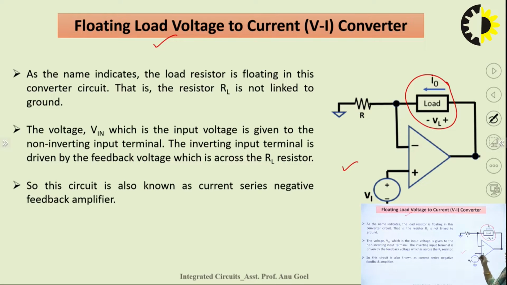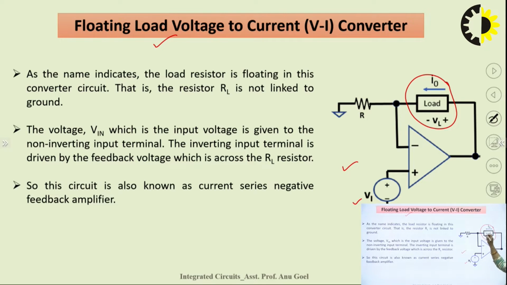We can realize this floating load V2I converter in many ways. This is one of them. Here we have connected our input signal, the input voltage that we want to convert into the current, at the non-inverting terminal of the operational amplifier. The load we have connected in the feedback path, the feedback is negative, and there we have one constant input resistance.